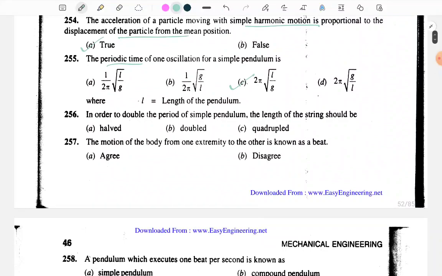Next question. In order to double the period of a simple pendulum, the length of the string should be. If you want to double, the L should be 4L, then 2 will come outside, and the quantity will be double. So quadruple means 4 times of L.